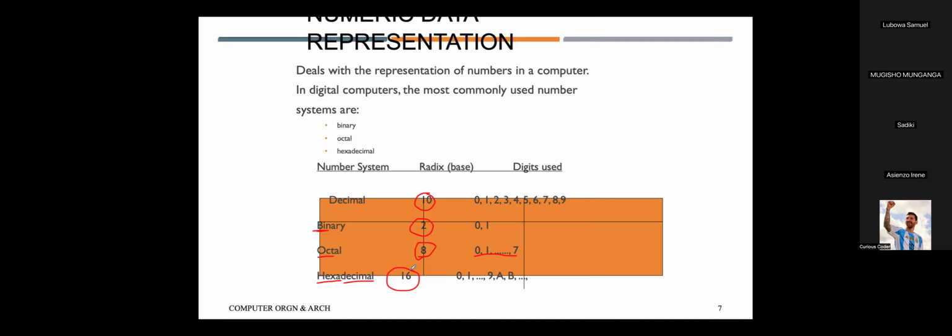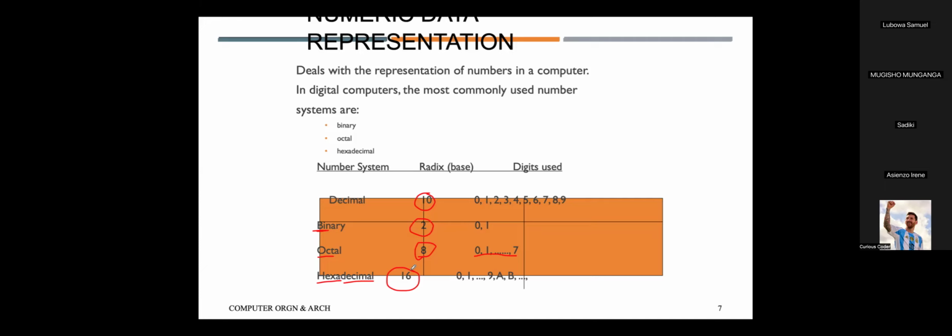Now, for hexadecimal, as I was telling you, it combines both hexa and decimal. Hexagon has six sides, meaning that hexa is base 6, then the decimal is base 10.